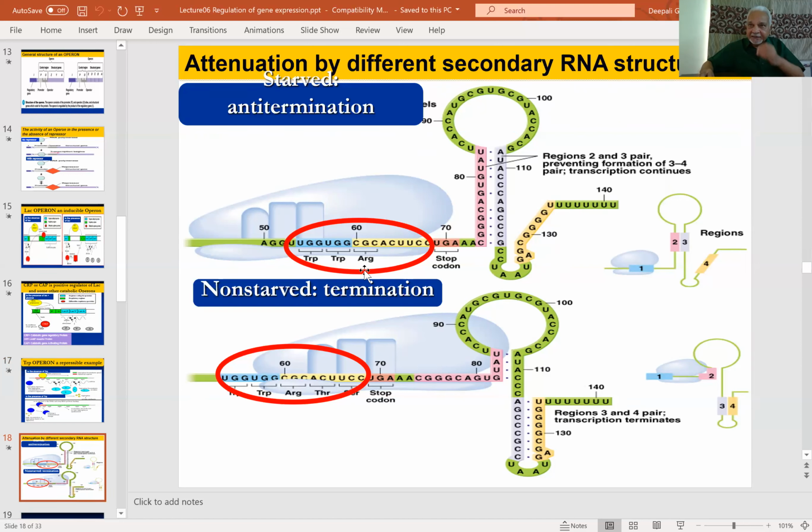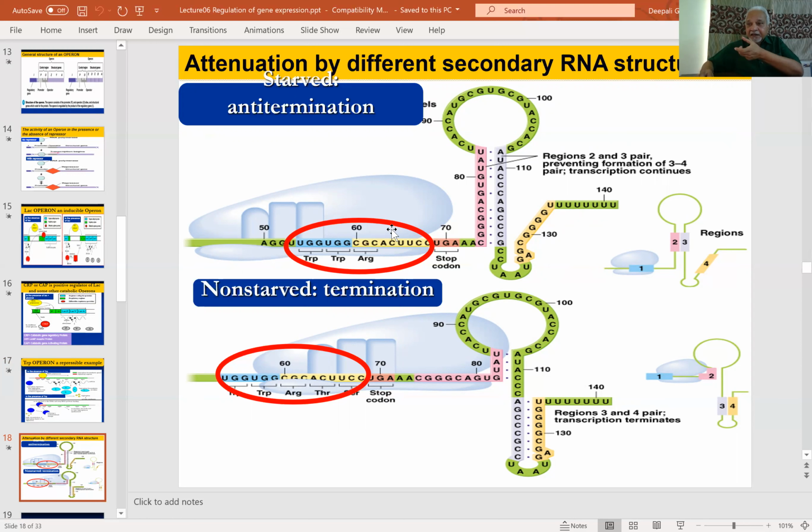That is an example where translation controls transcription in prokaryotes very, very effectively, and that is through a region, which sits in between the operator and the promoter region, that we call the leader region.